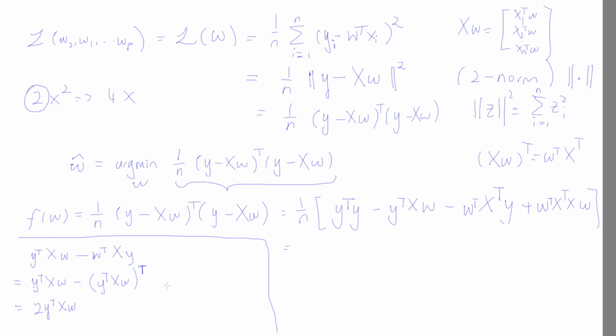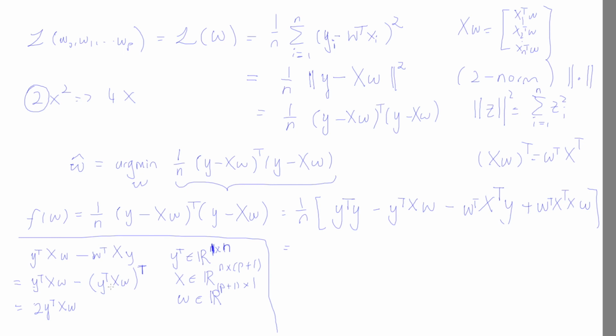Why is that? Well, think about it: y transpose is a 1 by n vector, X is n by p plus 1, and w is a p plus 1 by 1 vector.